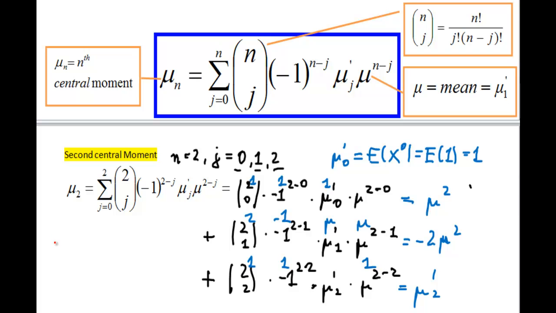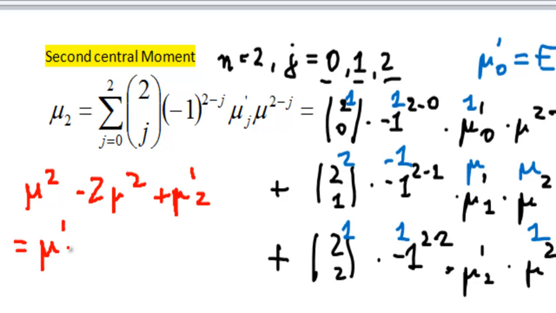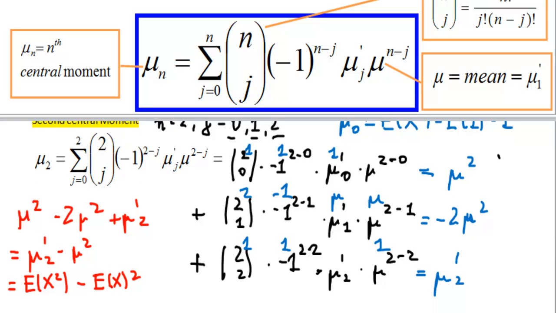And now, summing these terms all together, we get mu squared minus 2 mu squared plus mu prime 2, which is the same as mu prime 2 minus mu squared. I'm sure you have seen an alternative notation of this, which is just the expectation of X squared minus the square of E of X. So we have completed our exercise.